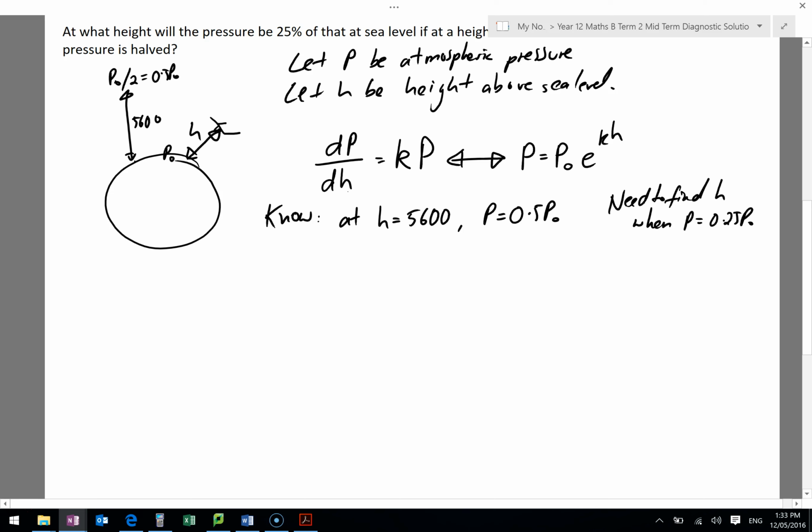So how do we get this? I can't just sub in P equals 0.25 P0 because I'd have unknown k and H. So I'm first going to try and find k to complete my equation as best I can. Finding k, I'll sub in H equals 5,600, P equals 0.5 P0, into this equation.